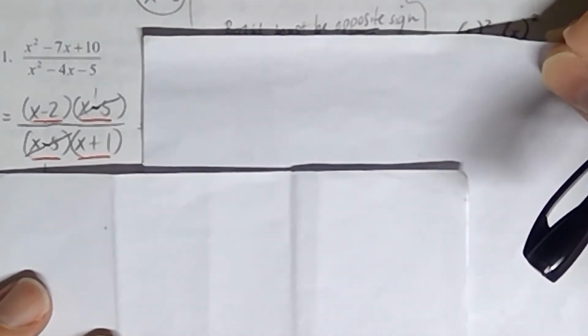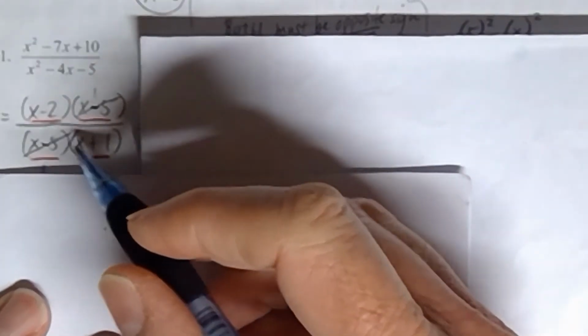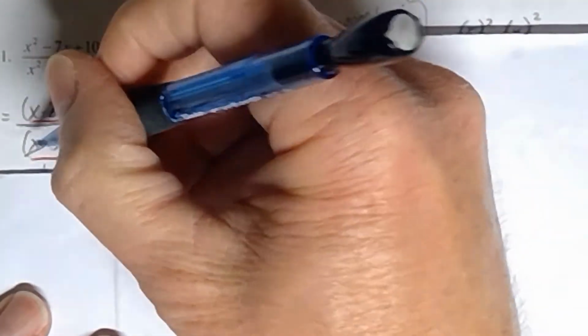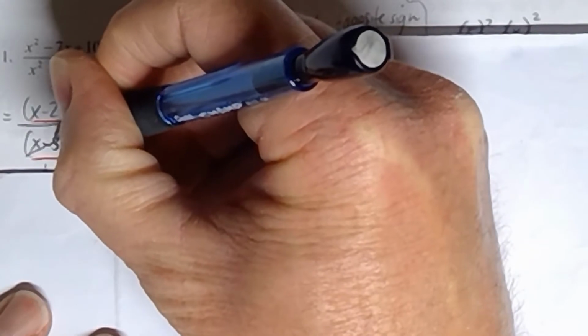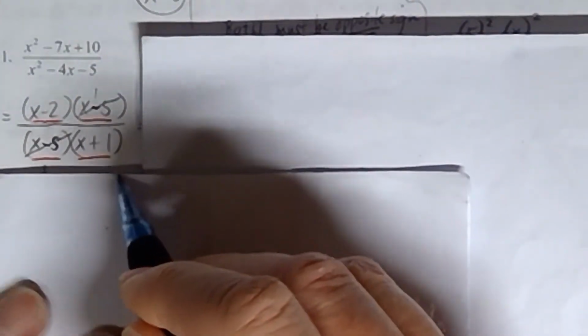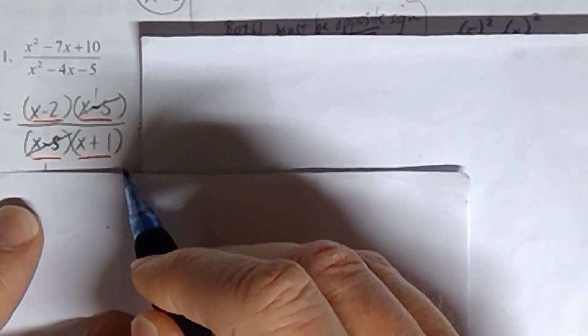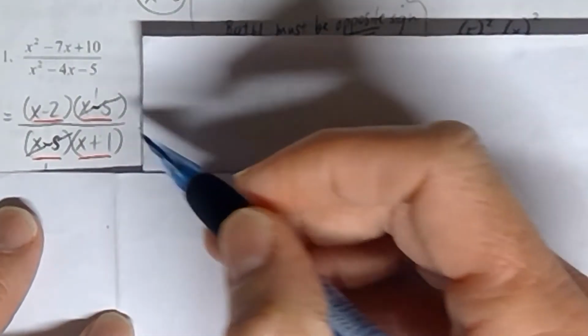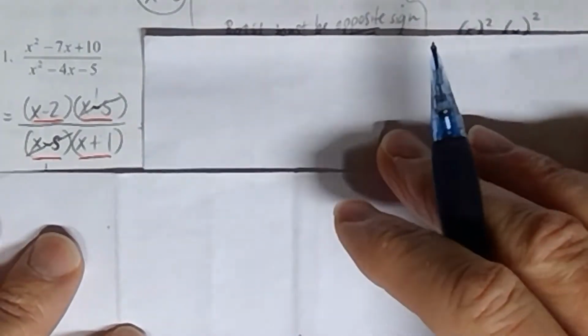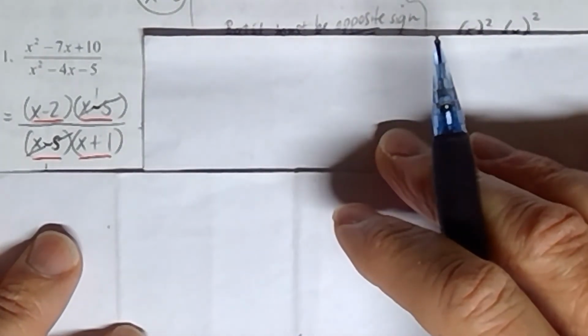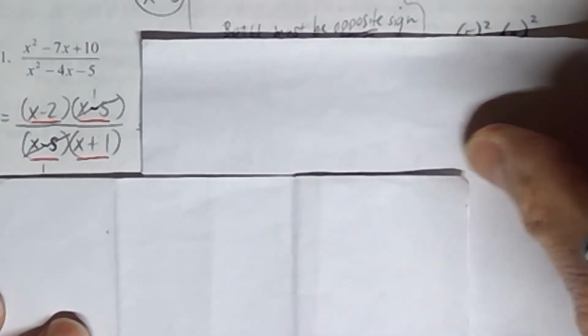And so we get x minus 2 and x minus 5 on the top. On the bottom, I know it's hard to see because I did the canceling all in one line right there, but x minus 5 and x plus 1. Since the x minus 5 and x minus 5 are the same, you're allowed to cancel those, and we get this right here. Okay, that's number 1.